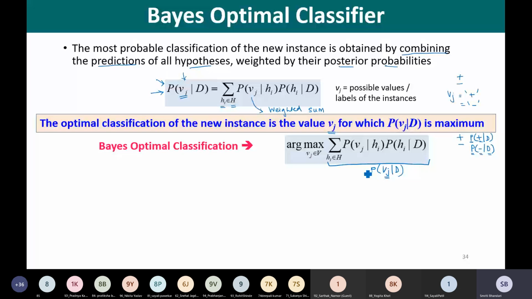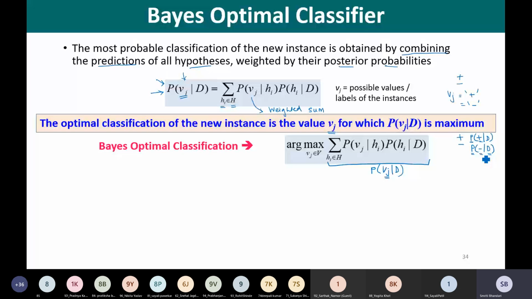So if the probability for the positive class is maximum, then we declare the class of the test sample as positive. If the probability for the negative class is maximum for the test sample, then we declare the class of the test sample as negative, right?